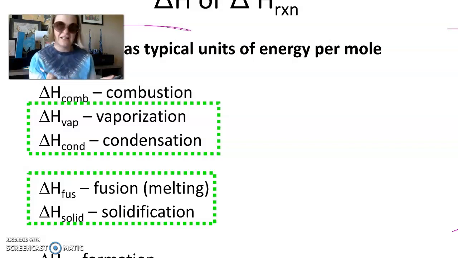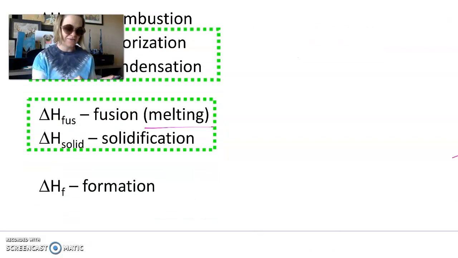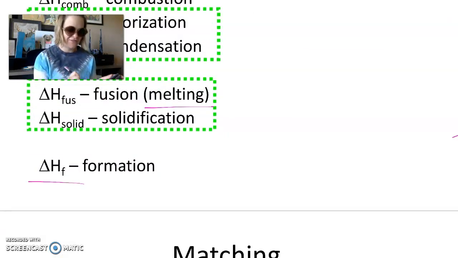The next one, delta H FUS, fusion, not nuclear fusion. That's the fancy word for melting. All right. Delta H SOLID is delta H for solidification, and then later on we'll talk more about delta H F, which is for what we call a formation reaction, which is the exact same thing as a synthesis reaction.